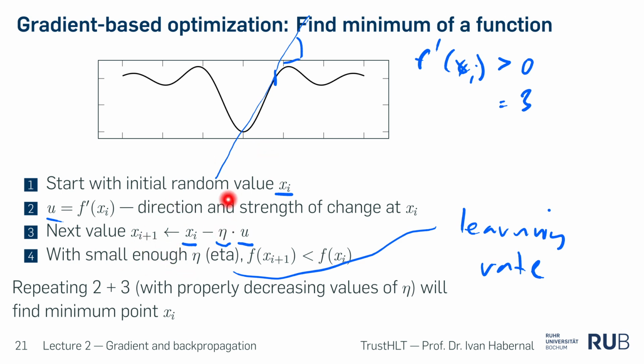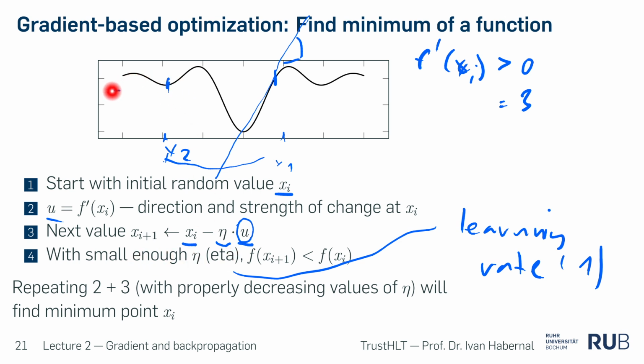Let's say eta is 1. So you take the value of the derivative at this point, which is positive, it's 3. So you move your x1 to x2 by 3 points. And you're here. You follow? Okay, good.